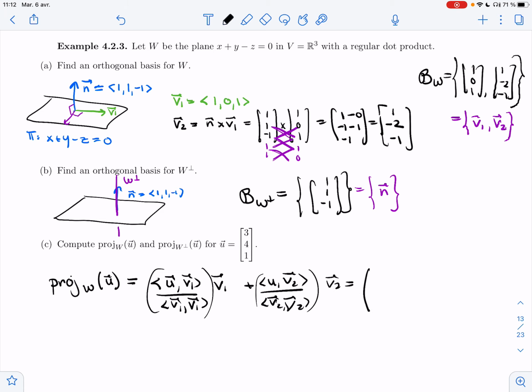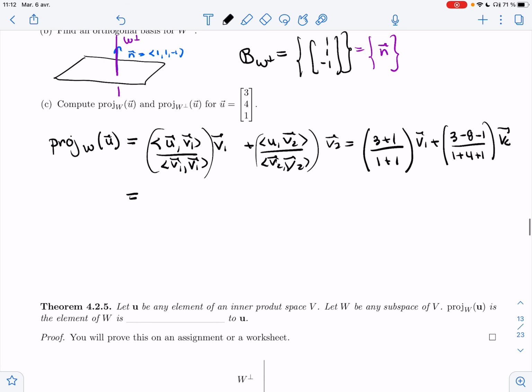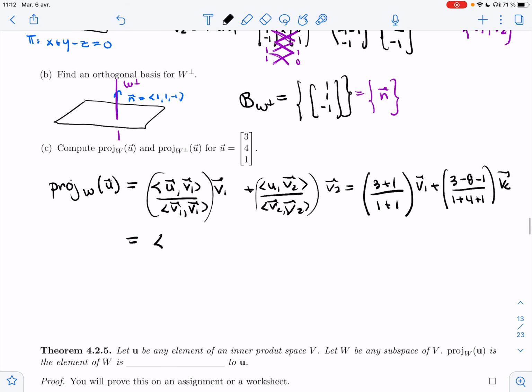All right, u is (3, 4, 1), v1 is that. So I'm going to get 3 plus 1 over v1 dot v1, that's 1 plus 1, times v1, plus v2 dot u, that's 3 minus 8 minus 1, over v2 dot v2, which is 1 plus 4 plus 1. I want to save a bit of room, so I'm going to use a horizontal vector.